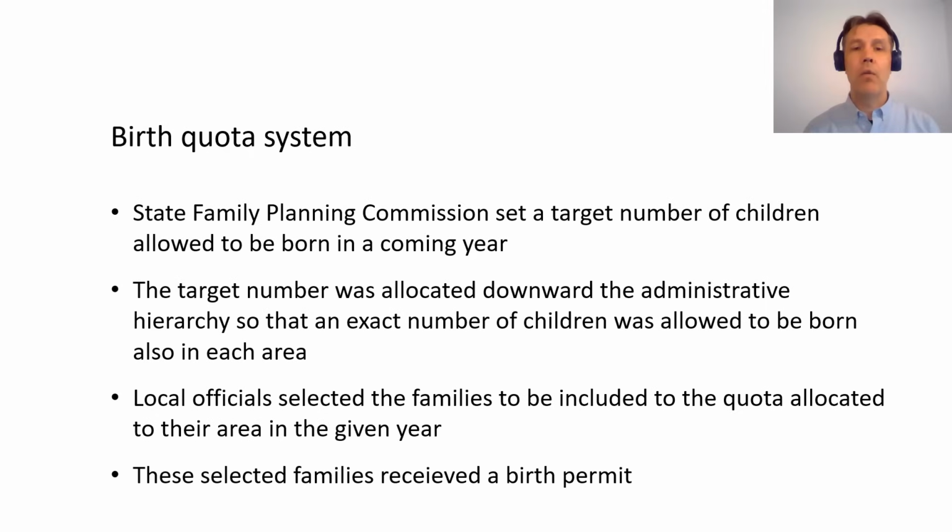As a next step, local officials were the ones who selected those families and couples who were included in the birth quota in the given year, and these selected families then received a permit to have a child. So it was a very bureaucratic system that operated down to the local level.